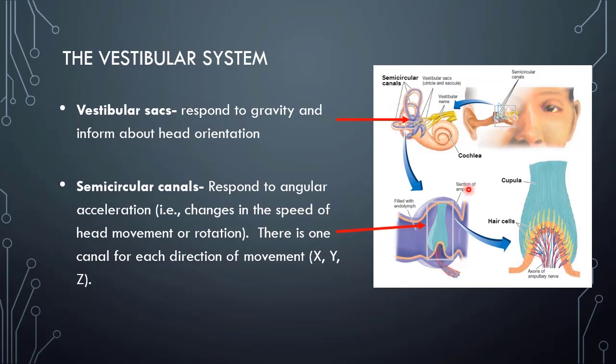And then, of course, if something were to knock you off balance, if you drop very quickly, then we have a similar response that happens in these vestibular sacs where they detect movement of fluid through the movement of these cupula and the hair cells.